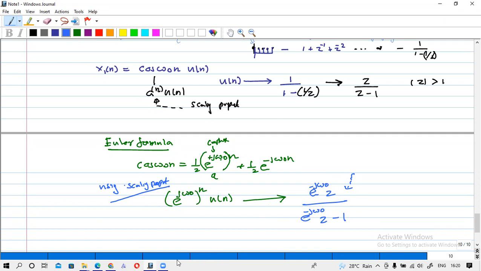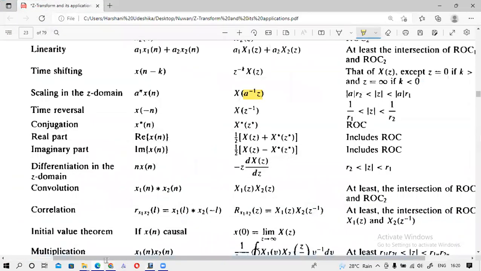If I scale the signal, the ROC will be the magnitude of a multiplied by the region of the original signal.